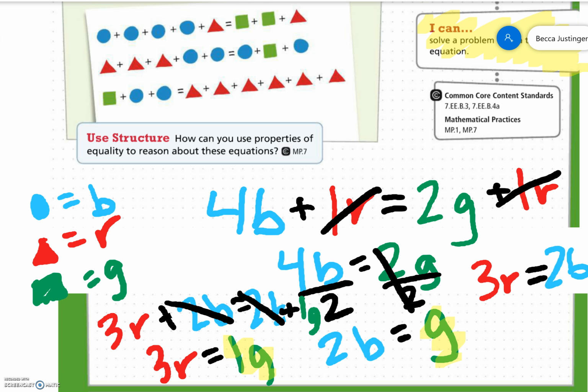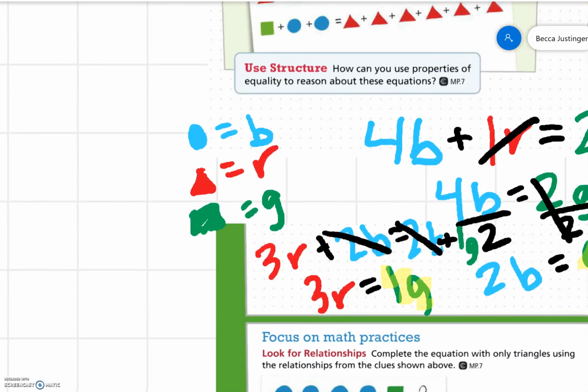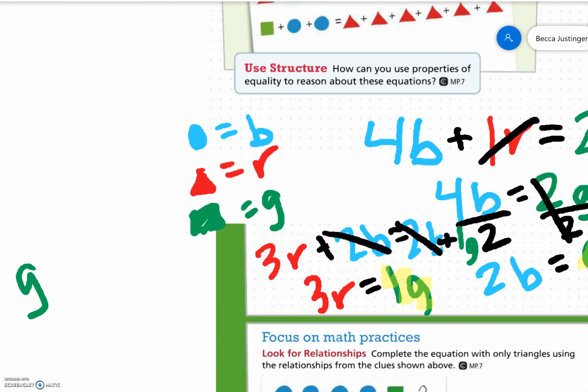Okay, let's see what happens with the last equation. We've got 1 green plus 2 blue equal to 6 red.